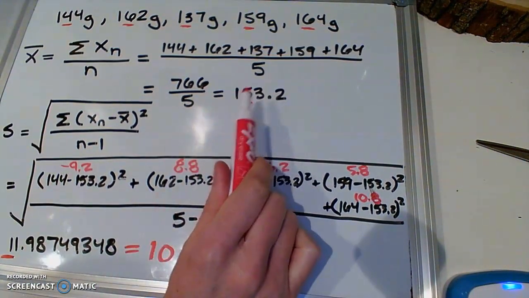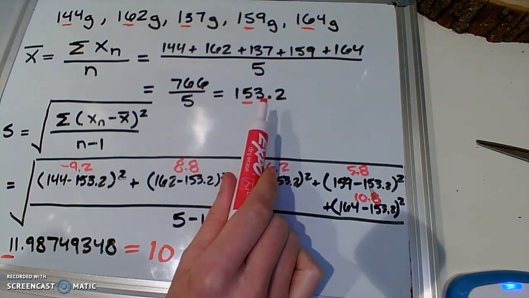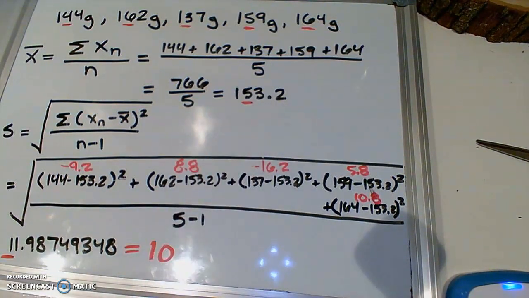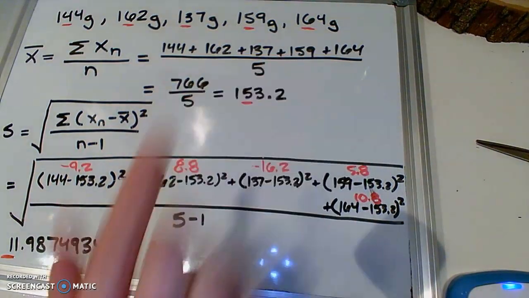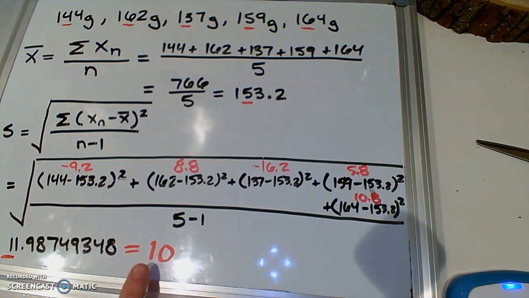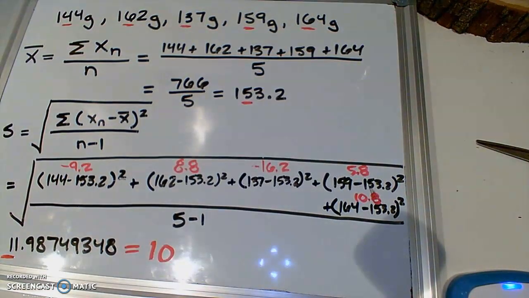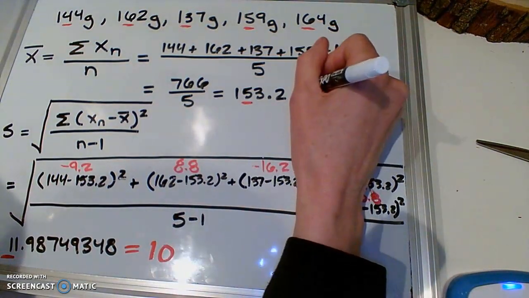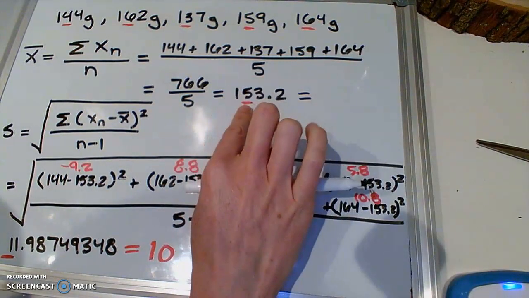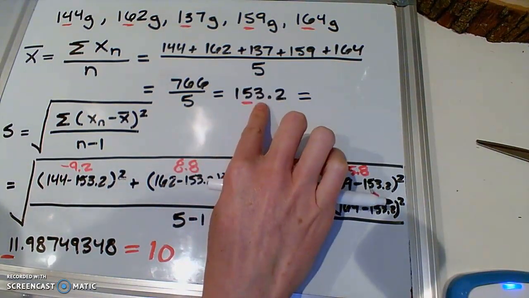So how do we now properly report our average and our standard deviation? We have to report our average based on our standard deviation. Wherever our standard deviation's significance ends, that's where our average significance ends as well. So this 153 now needs to be rounded to this place here, because we're dropping the 3.